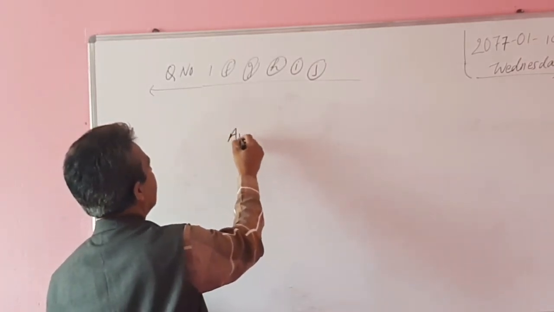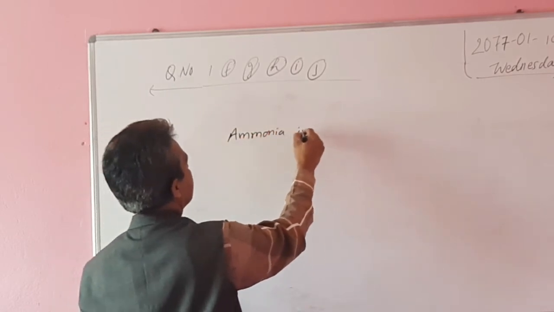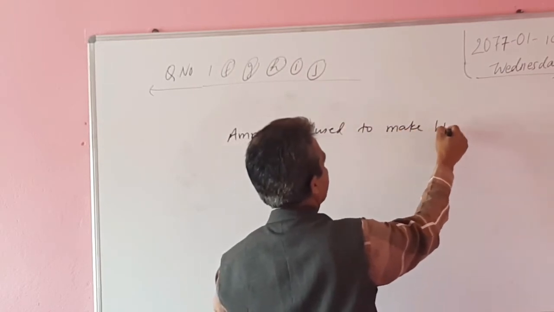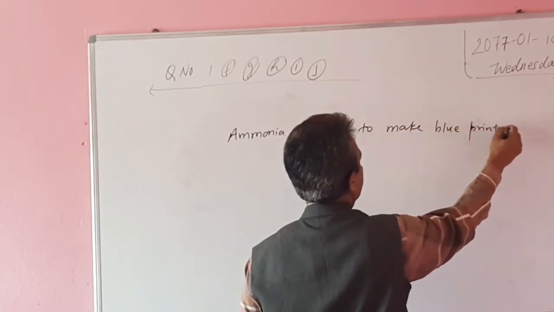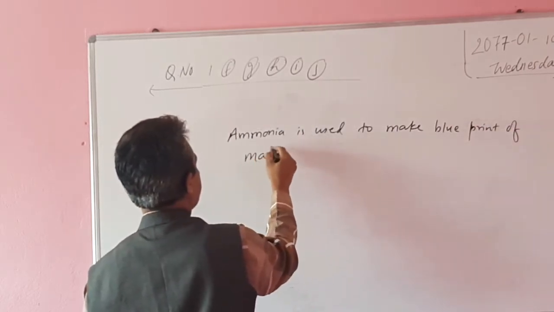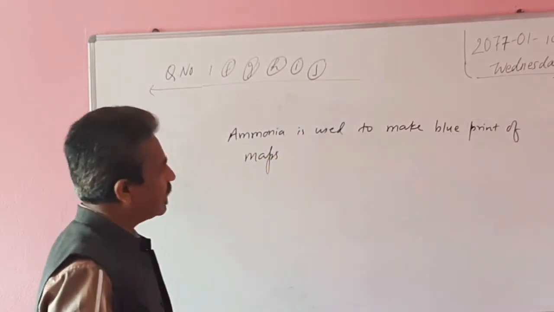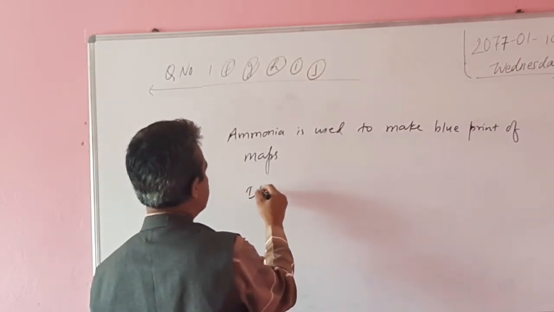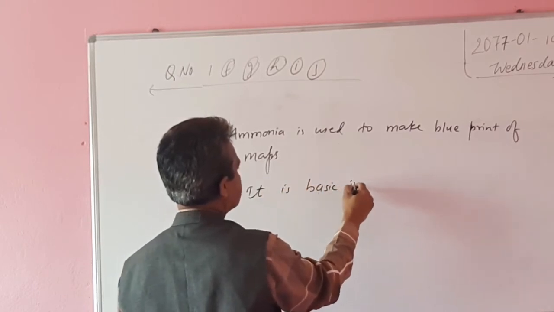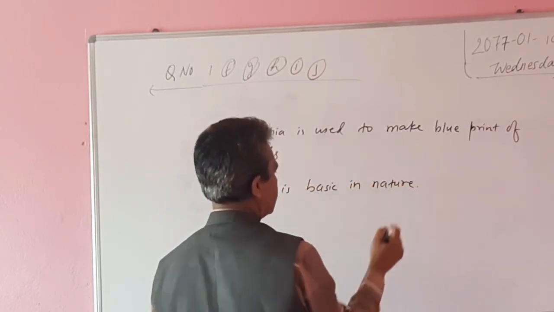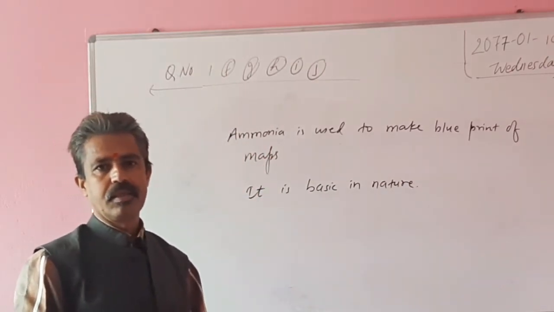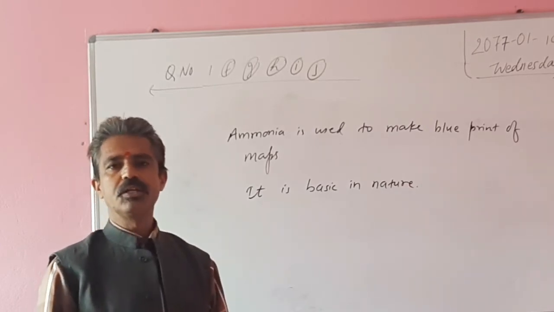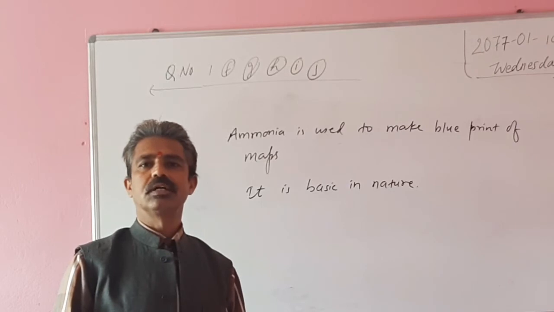So, ammonia is used to make blueprint of maps, and its chemical nature is it is basic in nature. So when ammonia gas dissolves in water, it forms ammonium hydroxide, which is a base.